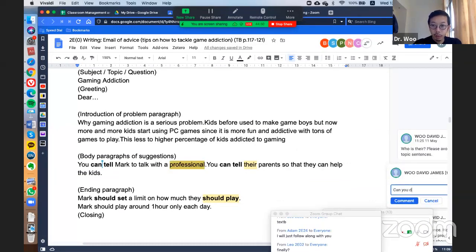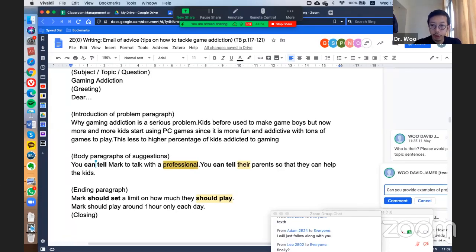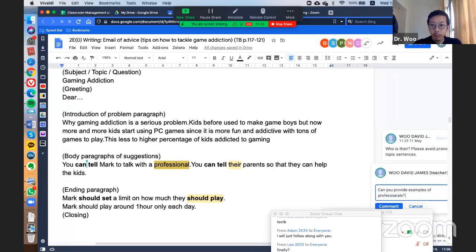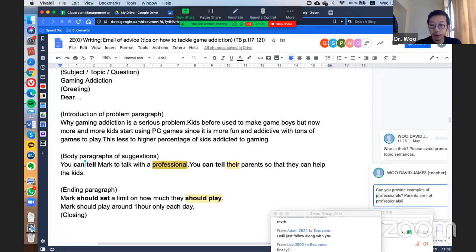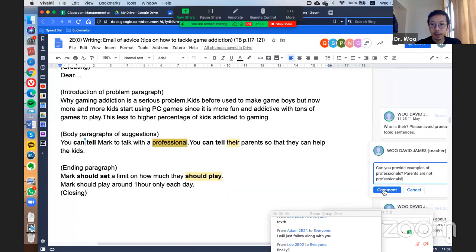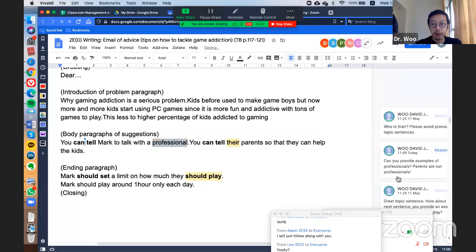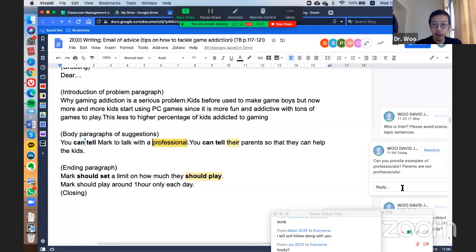Can you provide examples of professionals? Parents are not professionals. Otherwise, you can define what a professional is.